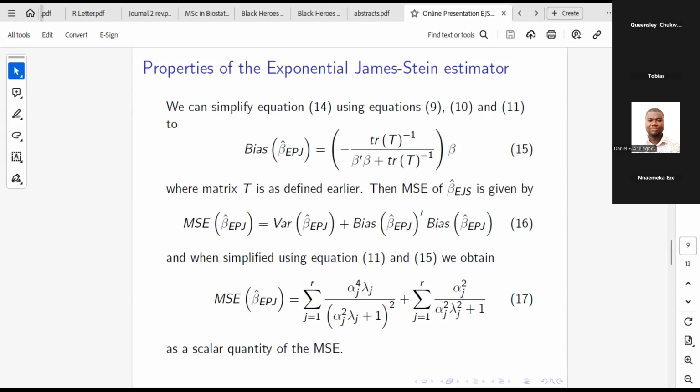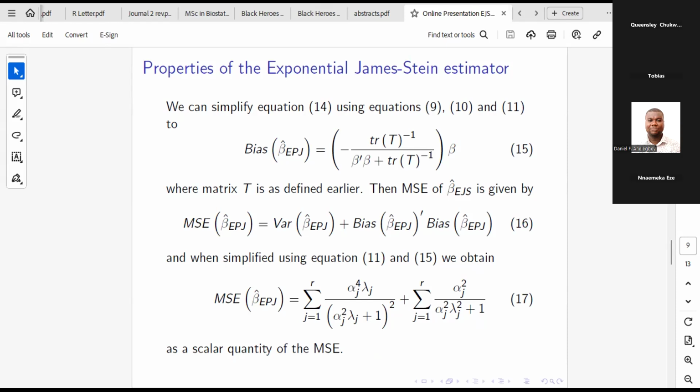Now the alpha would be the coefficients if we have an exponential. So that sum in equation 17, if we look at it closely, gives us a scalar, not a matrix. And that scalar would represent our mean squared error for the exponential James-Stein.